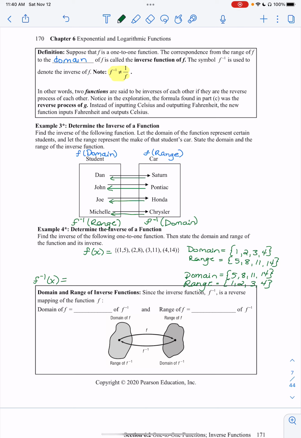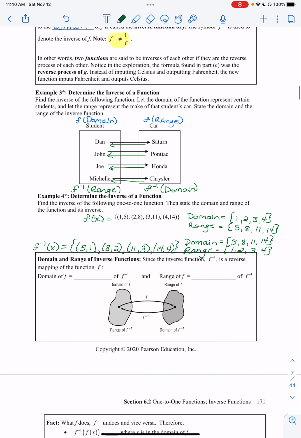So here, if I write out that set, what I'm going to have is the point 5, 1, and then the point 8, 2, and then the point 11, 3, and finally the point 14, 4. All right?